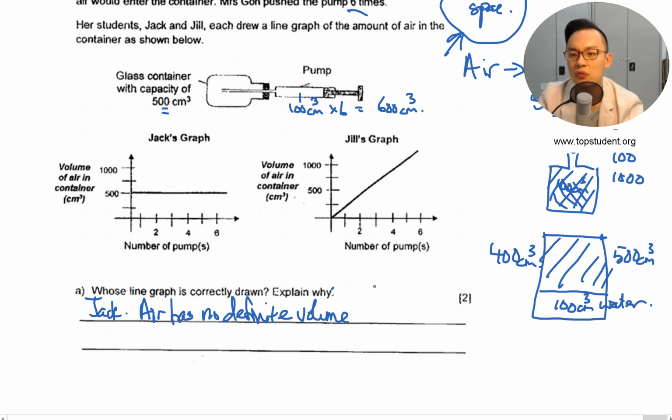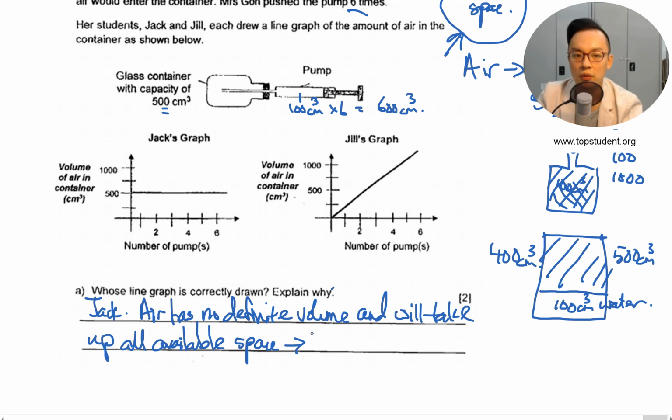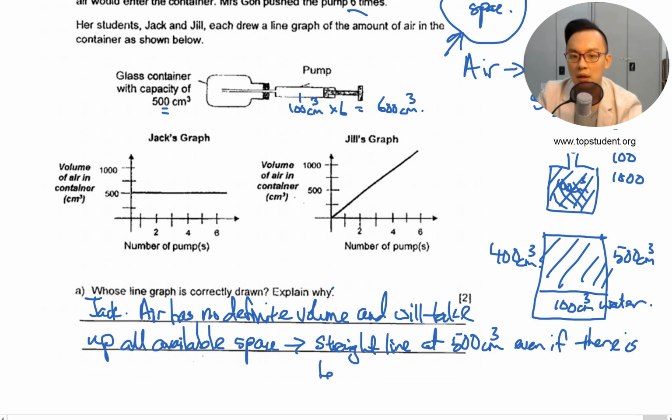No definite volume means the volume can change to any kind of volume and will take up all available space, and therefore you get a straight line at 500 cubic centimeters, even if there is lesser or more volume of air pumped in.